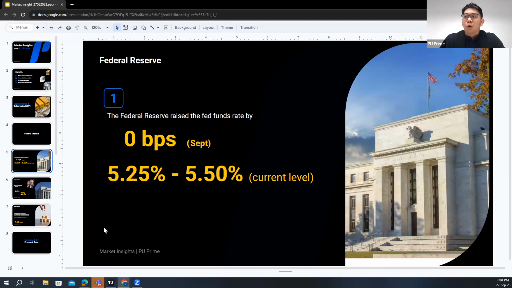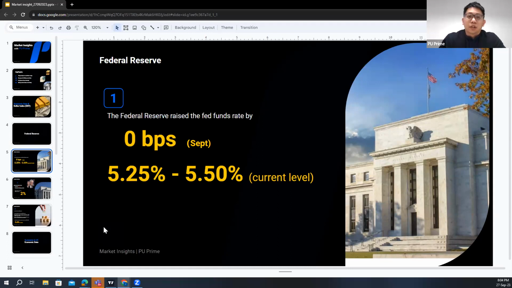So last week, we all know the Federal Reserve announced their interest rate decision, and yes, it came as the market expected with 0 bps hike. So it means that the Federal Reserve decided to pause their rate hike, and of course the market predicted that they might have another one coming in November or December.